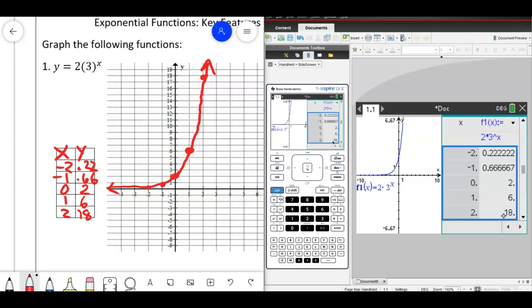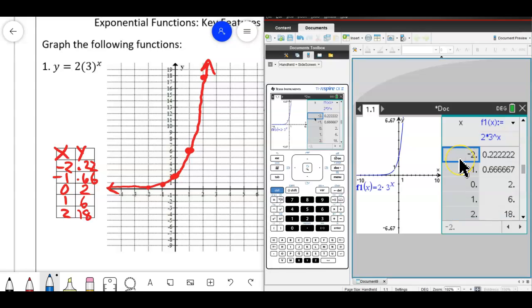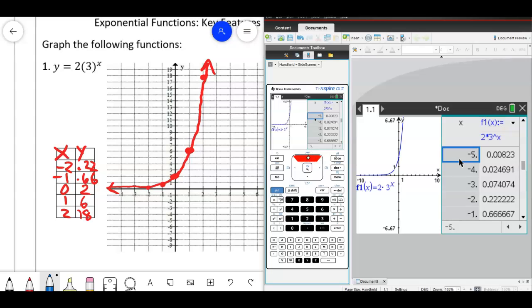And we already talked about what was that weird A word, that line you can't cross? Asymptote. So do you see how it's getting closer and closer to 0? Look at my table. I'm going to keep going down. Do you see how it keeps getting closer and closer to 0? 0.0009 is pretty close to 0. But let me tell you, it never, ever gets there. It's just getting smaller and smaller.